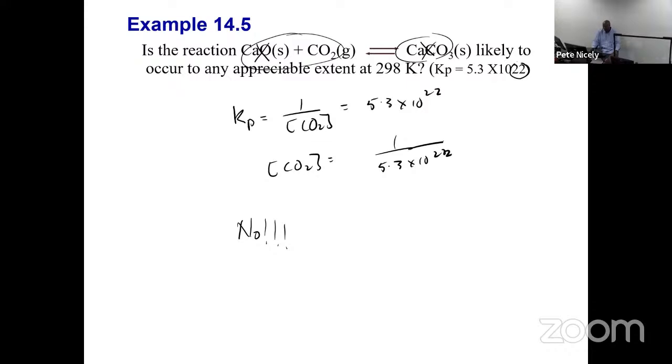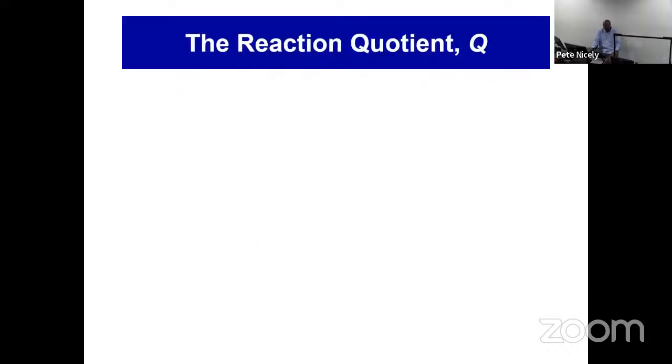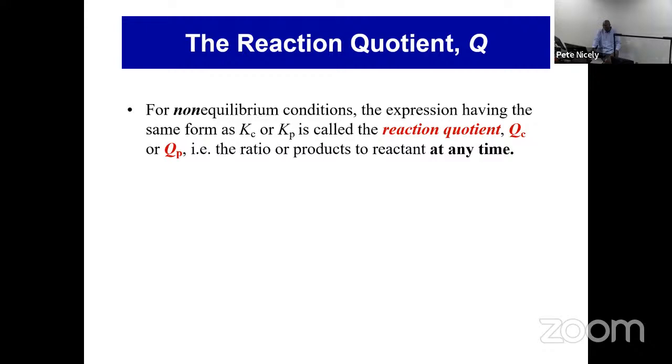Okay, continuing. Now we're going to introduce a situation where the system is not at equilibrium. So we have this thing called a reaction quotient, represented by Q. Q is basically the same thing as Kc or Kp, except that it's not necessarily representing what happens at equilibrium.